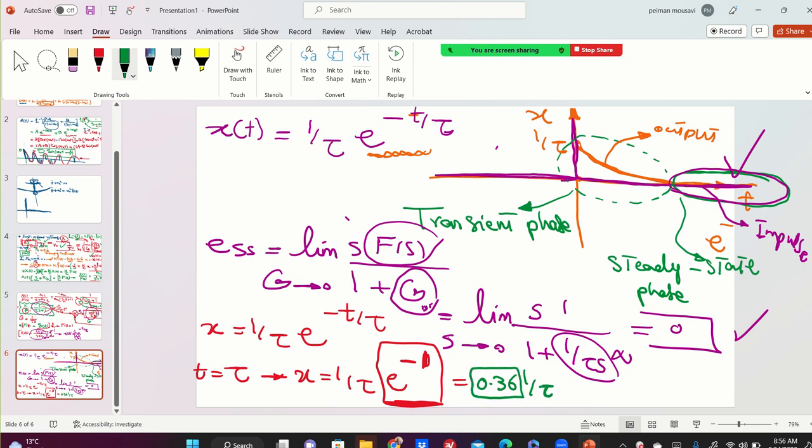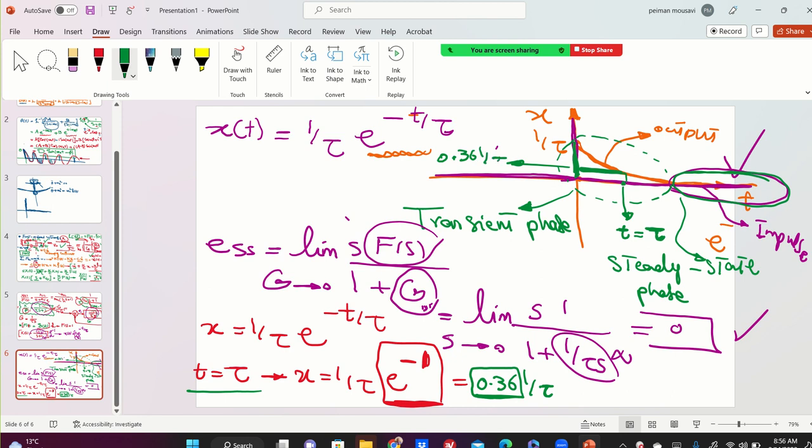This is a very important number. The time constant is the time needed, meaning at t equal to tau, say here is tau, for example. These are technical definitions in dynamical systems. At t equal to tau, your x is 0.36 times 1 over tau.